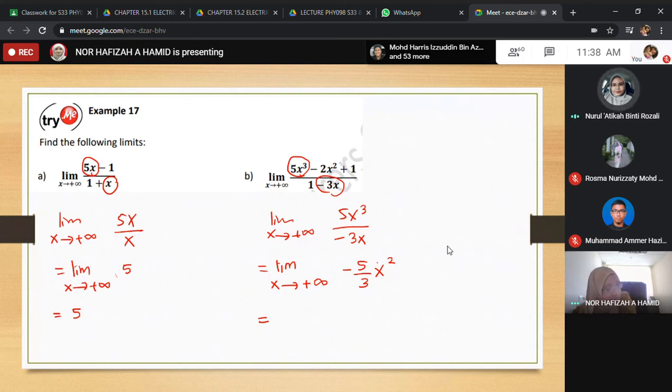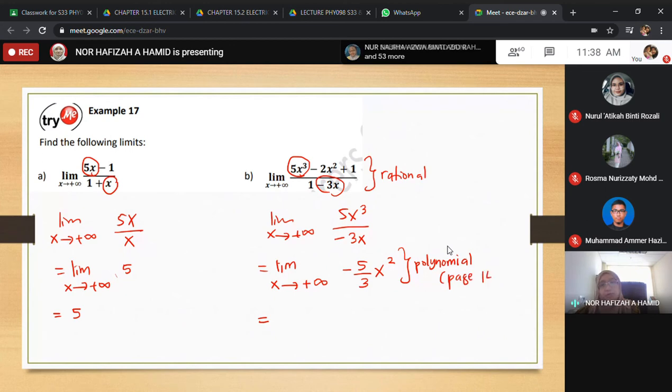Sebab positive infinity squared, and then negative. Sebab you refer to yang polynomial kan? Sebab yang ini dia asal dia rational function, tapi after you simplify, you dapat polynomial function. So kalau polynomial function ni, you kena refer balik yang page 14 tu.